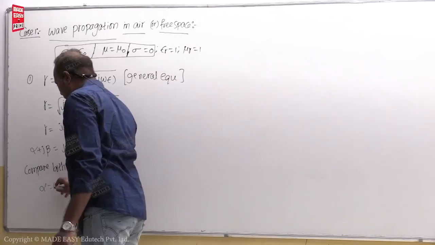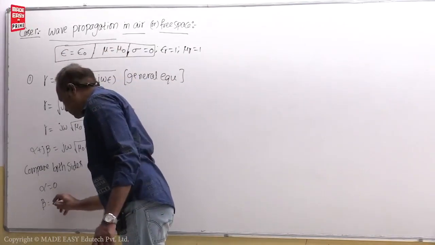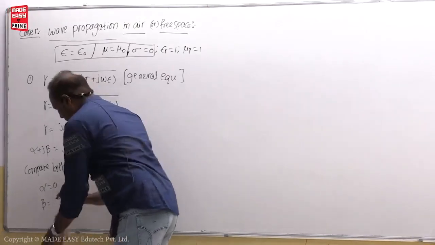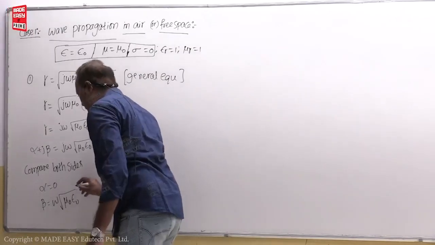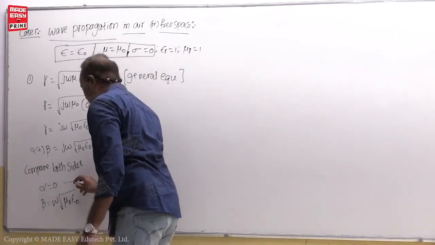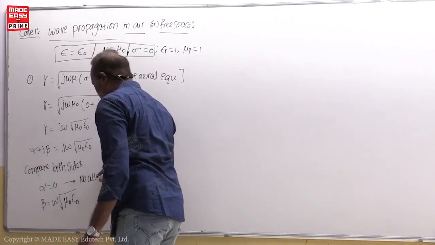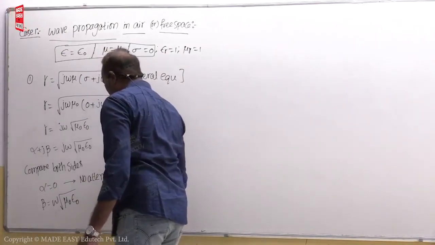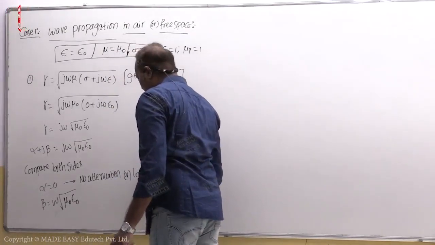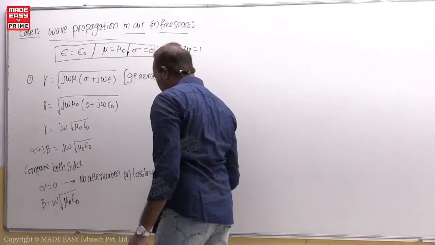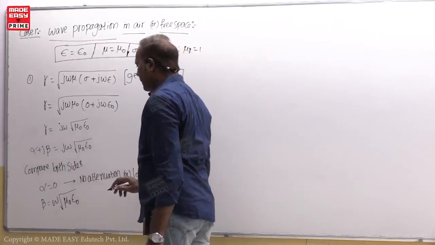then alpha is 0 you get, and beta is equal to omega root mu naught epsilon naught. Alpha 0 means no attenuation, or otherwise loss is not there, so it is a lossless medium.